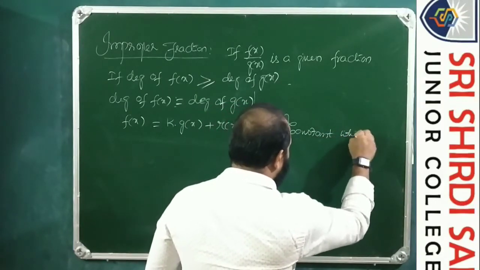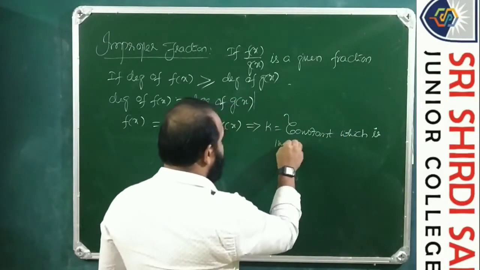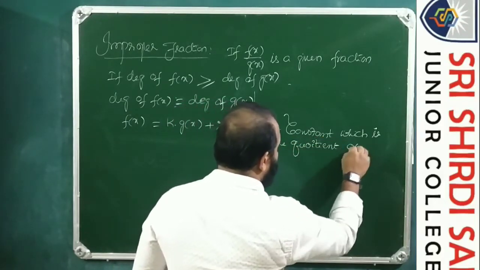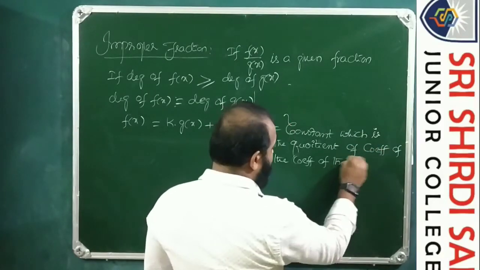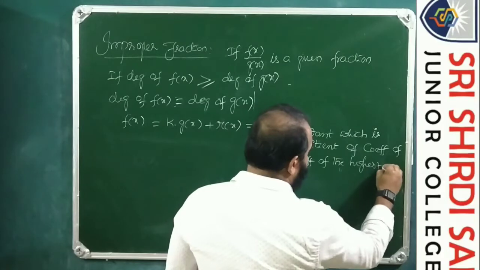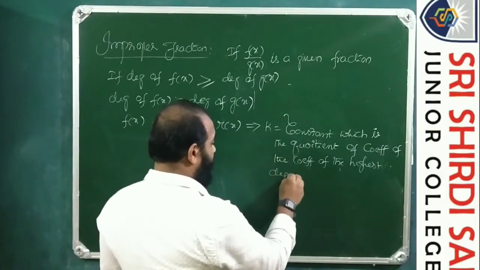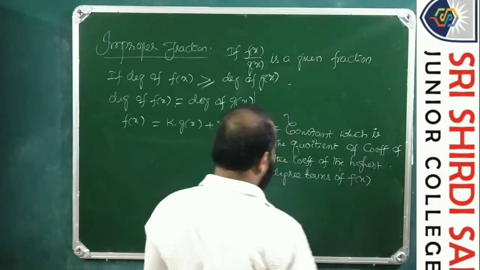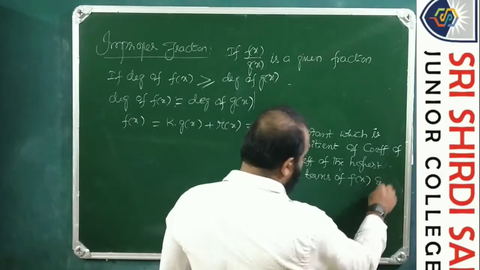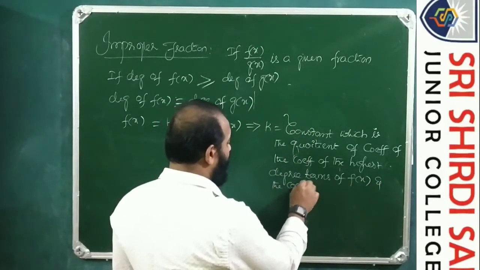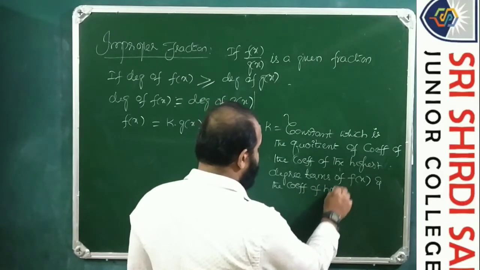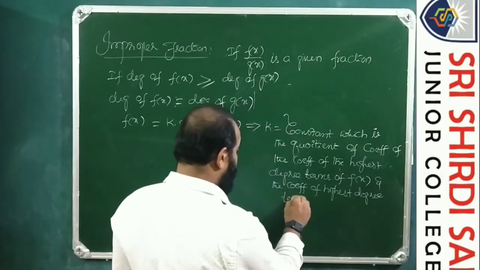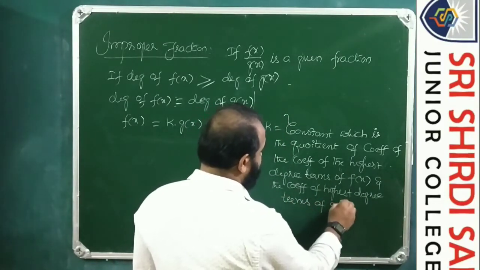Here k is a constant, which is the coefficient of the highest degree term of f of x and the coefficient of the highest degree term of g of x.